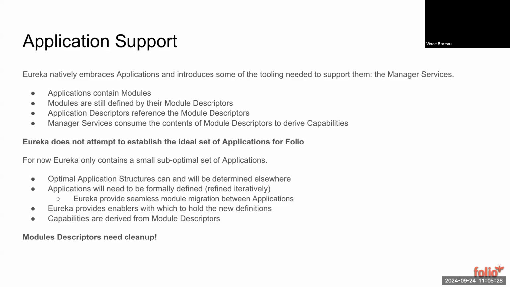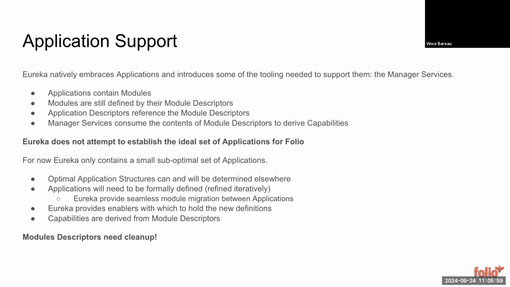Actually, we did not move the interfaces from the module descriptor to the application level. It's inside of the application descriptor, we just describe a list of modules that it contains. But application dependency supports the same implementation, and it means that we can have multiple versions of the same application.